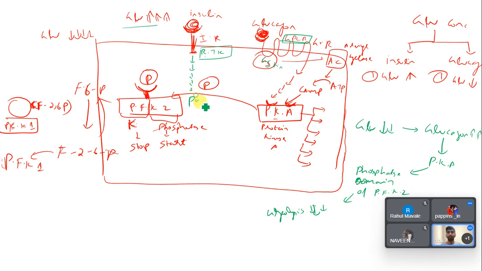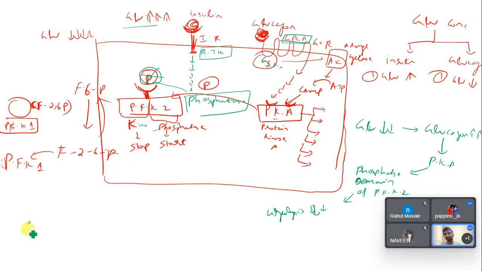It activates a phosphatase. So glucagon activates a kinase, and insulin activates a phosphatase, and it will remove this phosphate. And when this is removed, again the kinase activity is activated.